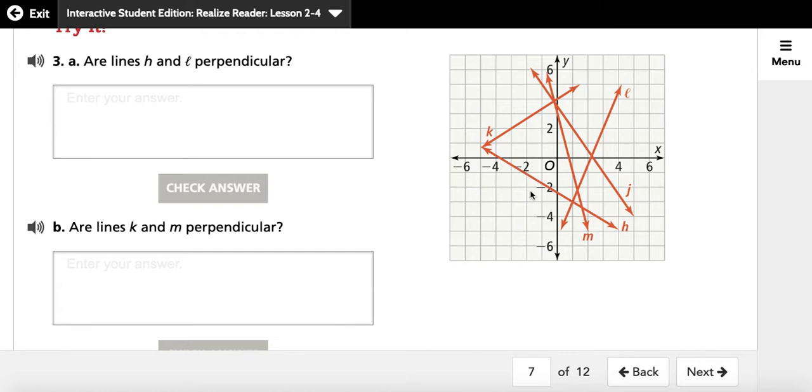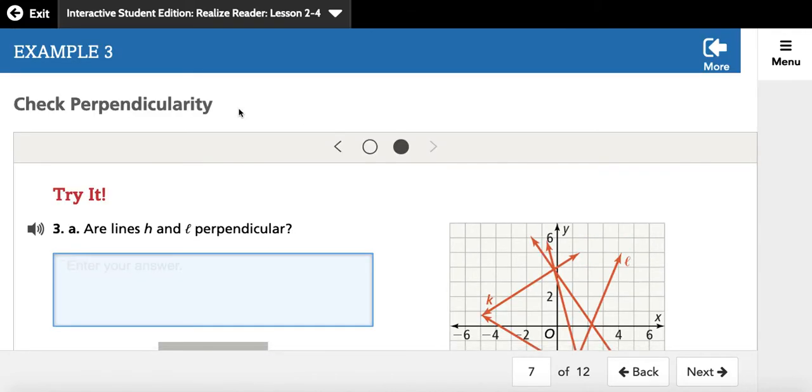I guess it does. So from there to there, it goes up 2 and to the left 3. Up 2, that's +2, and to the left 3 is negative. So I'm getting that line H has 2 over -3, which I probably should have just written as -2/3.